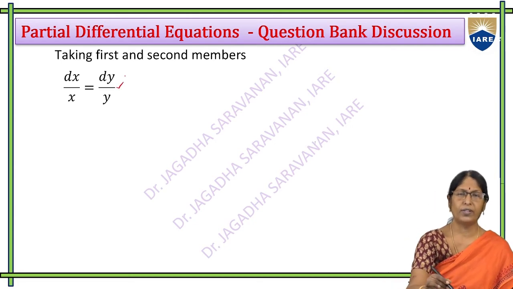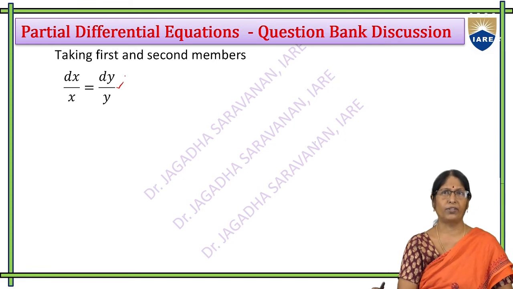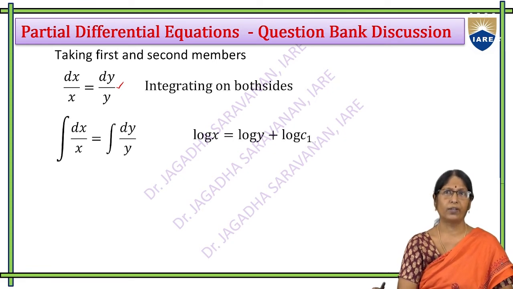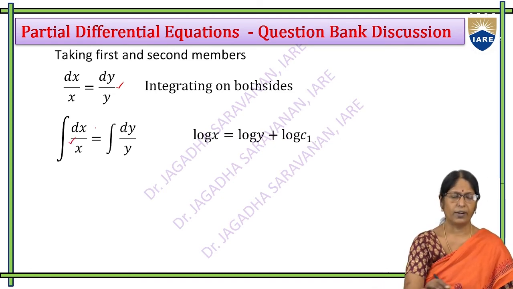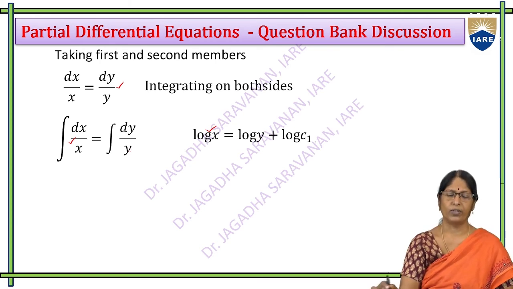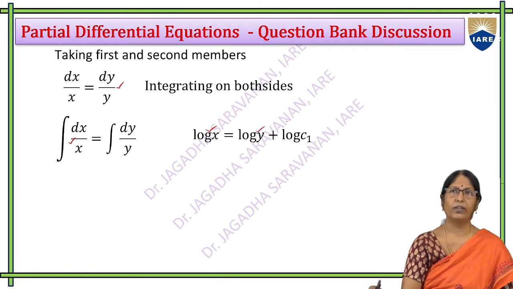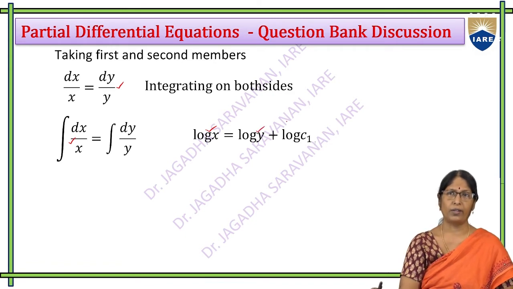So this first and second member we have selected, and we are going to integrate on both sides. Doing the integration on both sides, dx by x gives log x, dy by y is nothing but log y, and a constant is to be added.